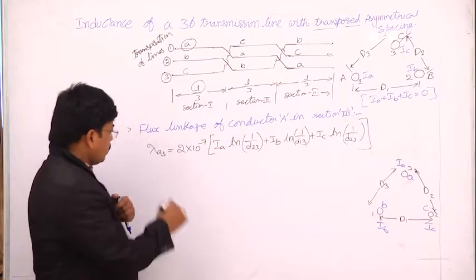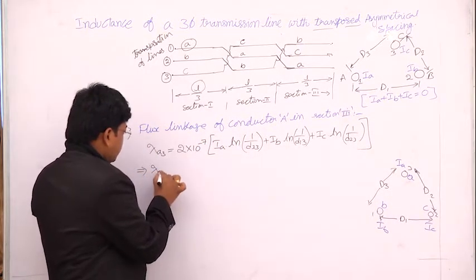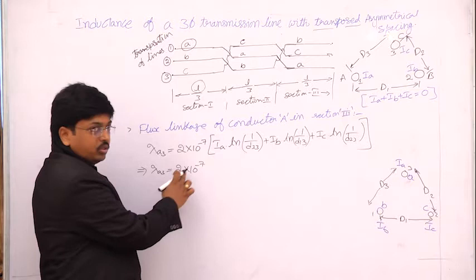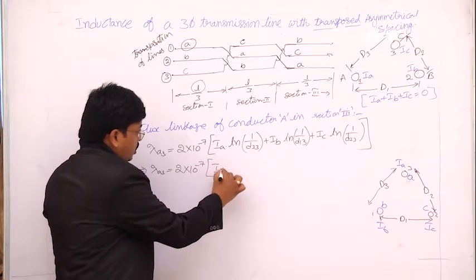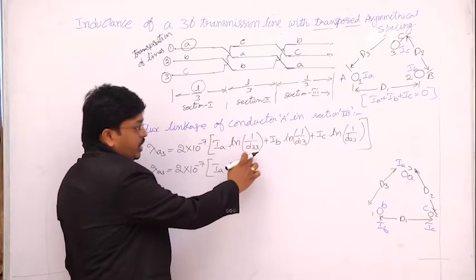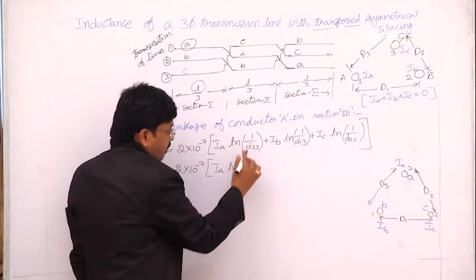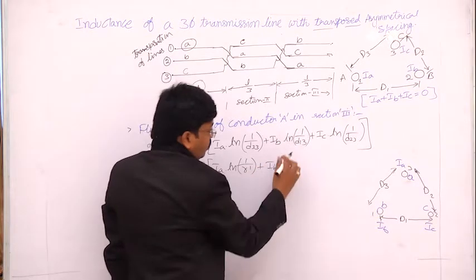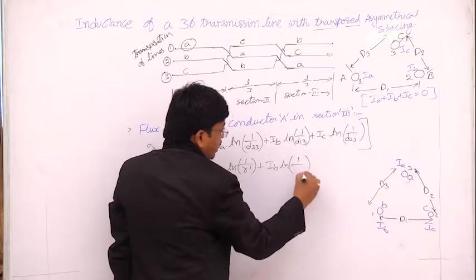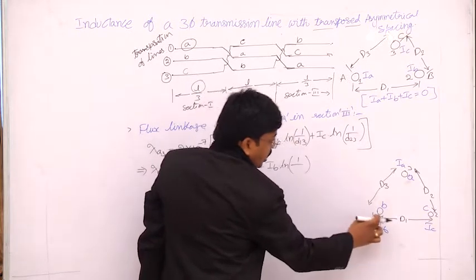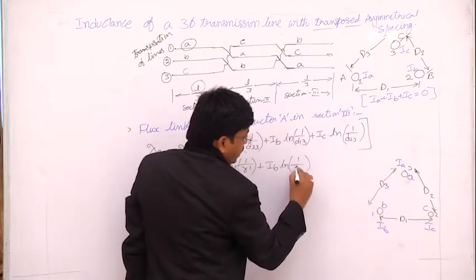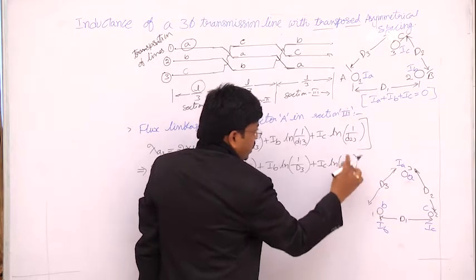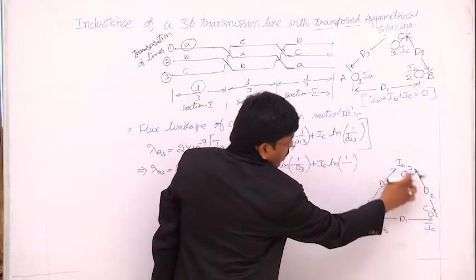Now we have to substitute the values in this expression. So lambda A3 is equal to 2 into 10 power minus 7 into IA into logarithm of 1 by D33. 1 by D33 is nothing but the self distance, that is R dash, plus IB into logarithm of 1 by D13, where the distance between 1 and 3 is assumed as D3, plus IC into logarithm of 1 by D23, where the distance between 2 and 3 is assumed as D2.